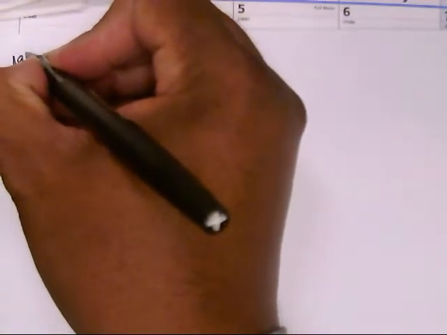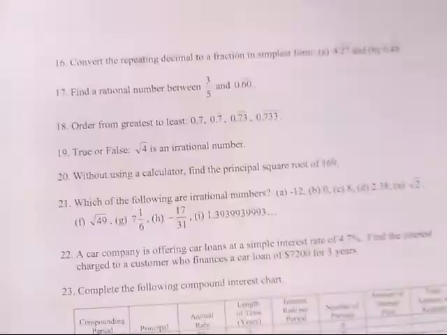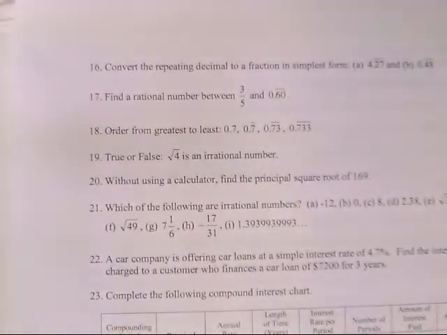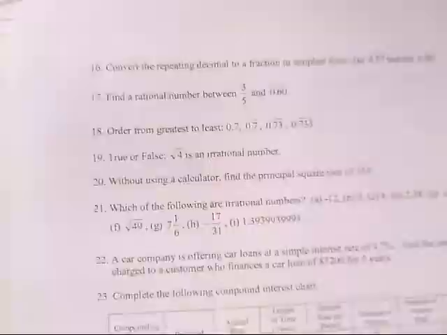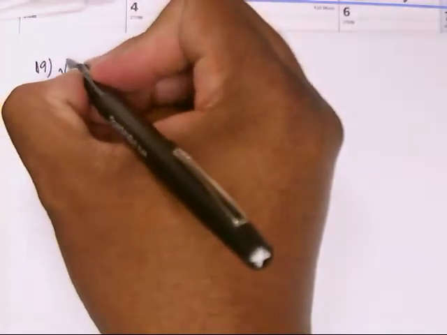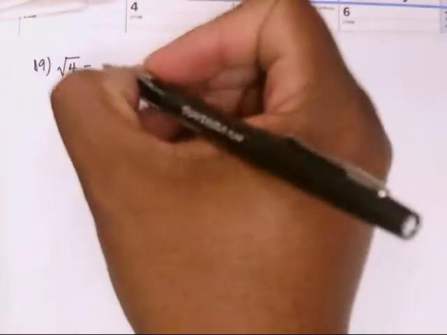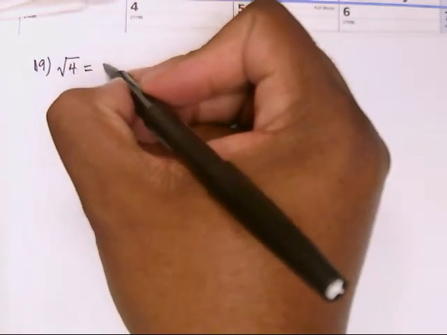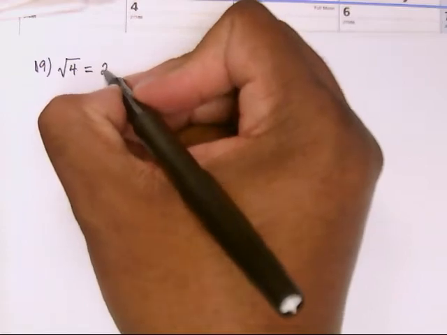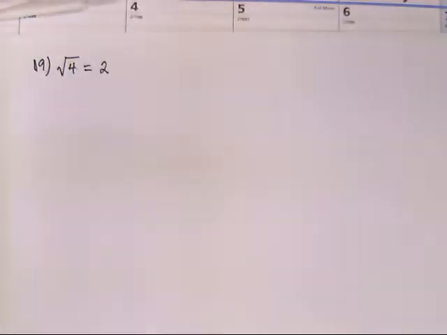All right, number 19. In number 19, it's just a true-false question. The square root of 4 is an irrational number. If I take the square root of 4, that means what number times itself will give me 4? It has to be 2. Now, irrational numbers are numbers that are non-terminating, non-repeating.